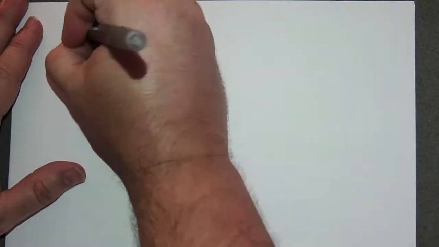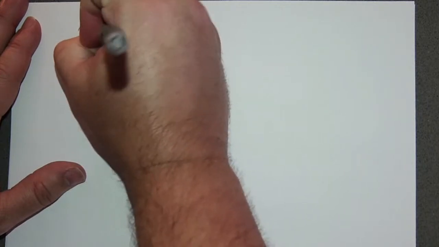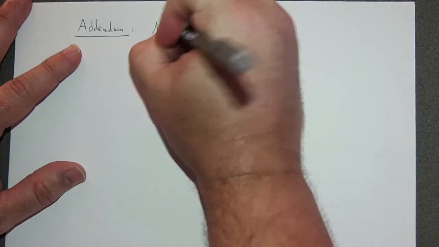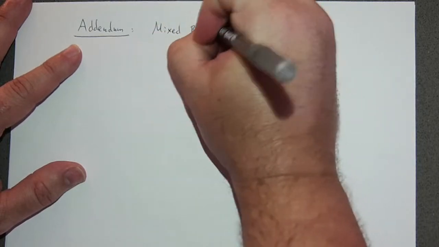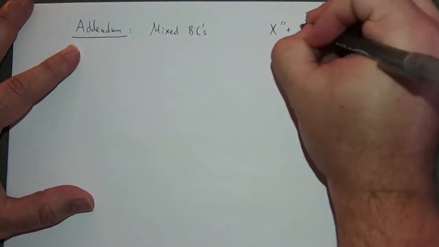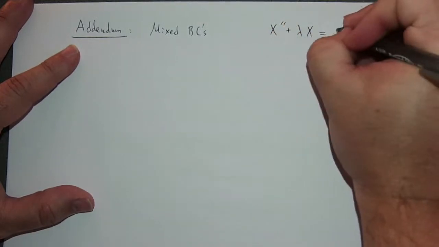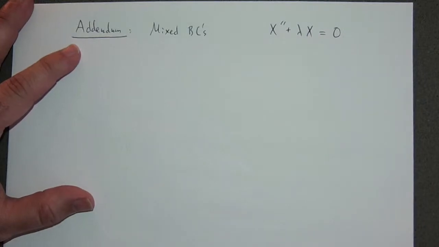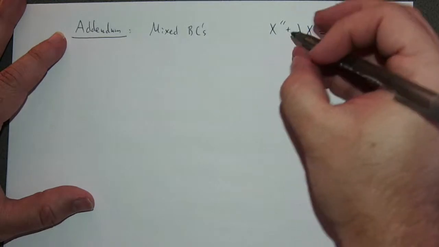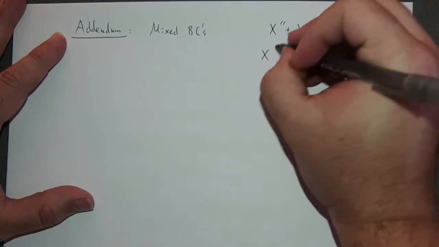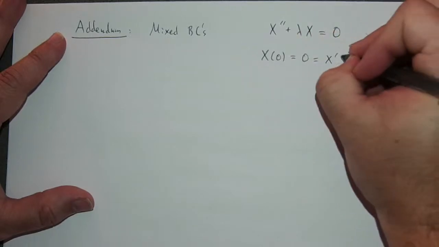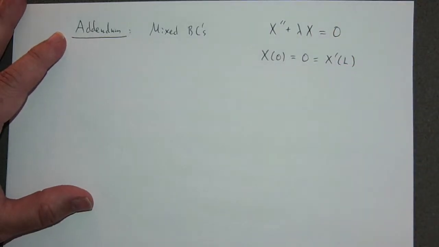We'll say addendum: mixed boundary conditions. So our eigenvalue problem has the same ODE structure, but now we have homogeneous mixed boundary conditions, like this.